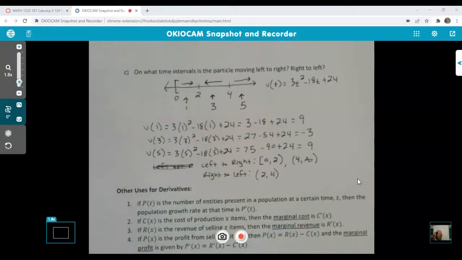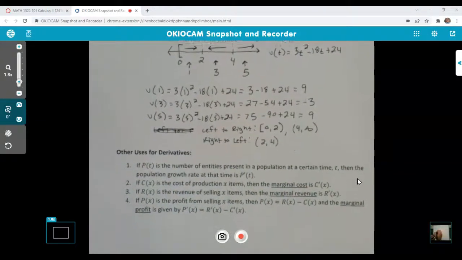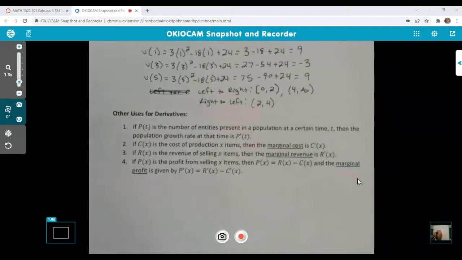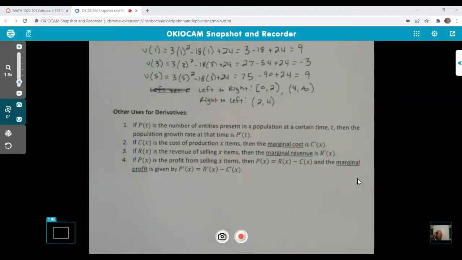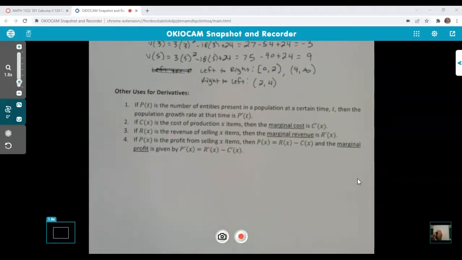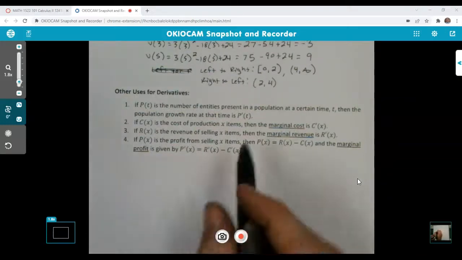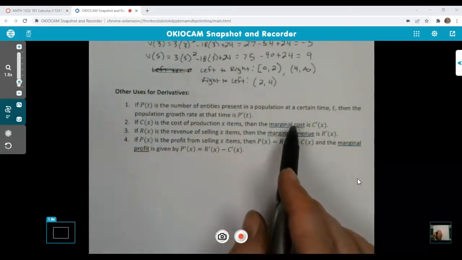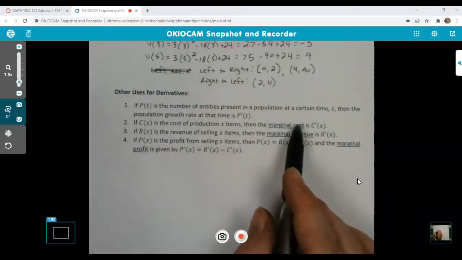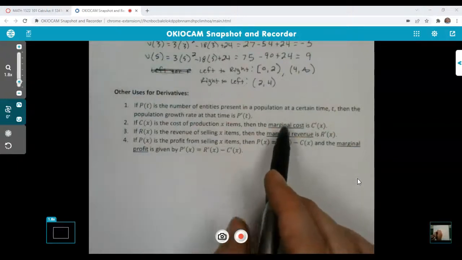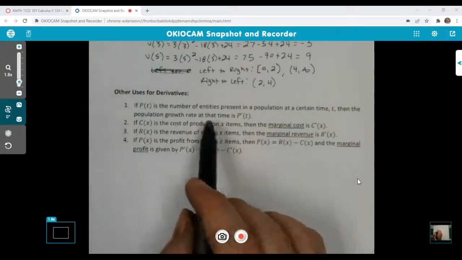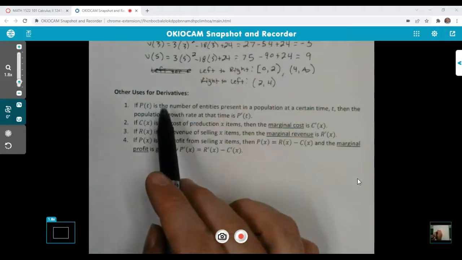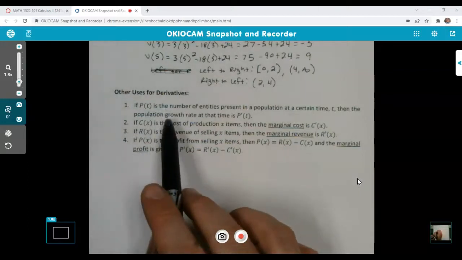So there are some other ways of doing this same kind of thought. I can use the derivative as a rate of change, and I just wanted to list them here. If you ever hear marginal, that means the derivative of. Like the derivative of cost, and on and on. The same thing on the first one right here.